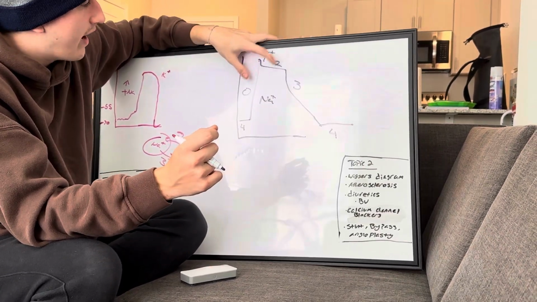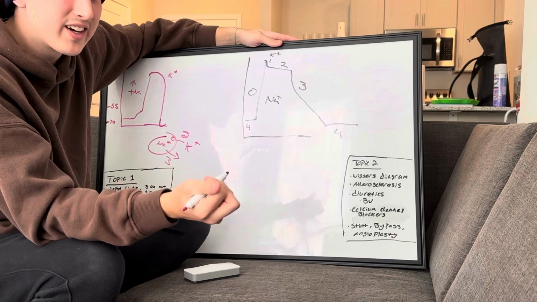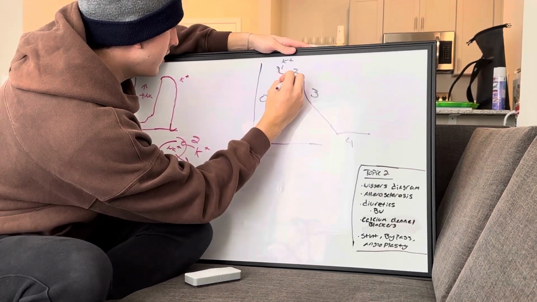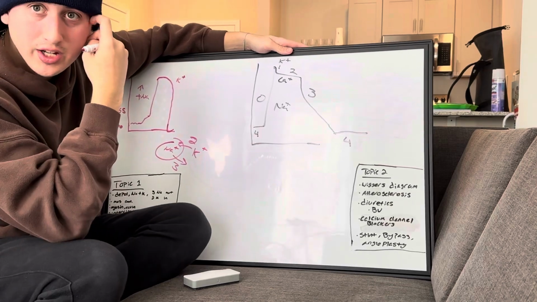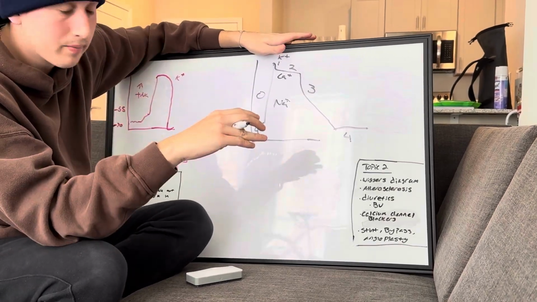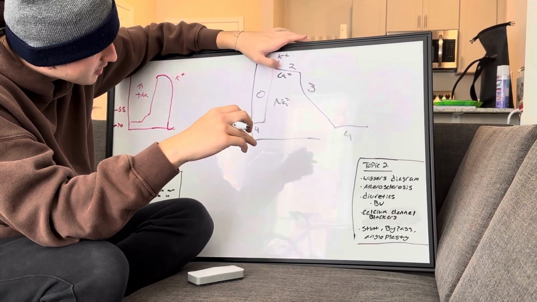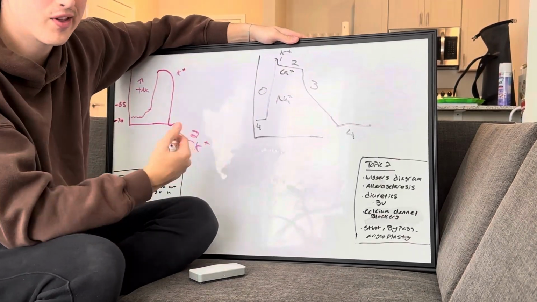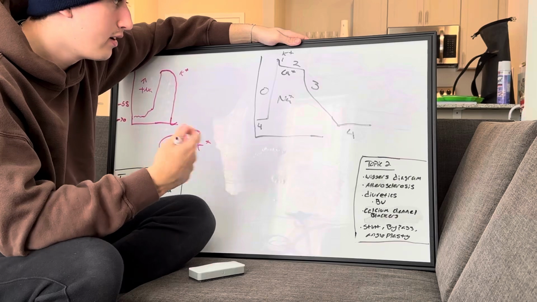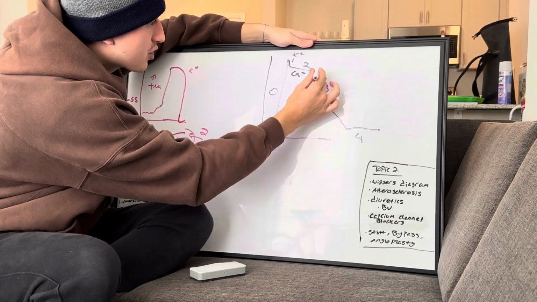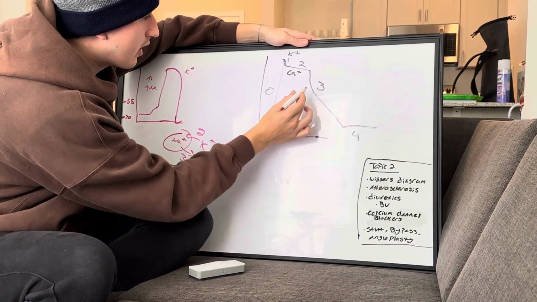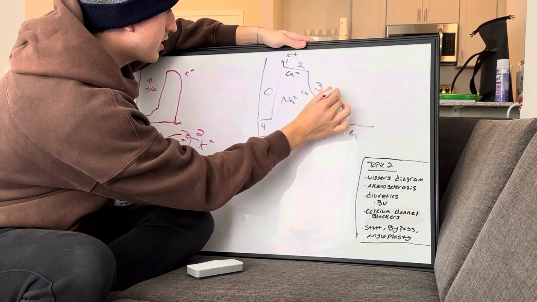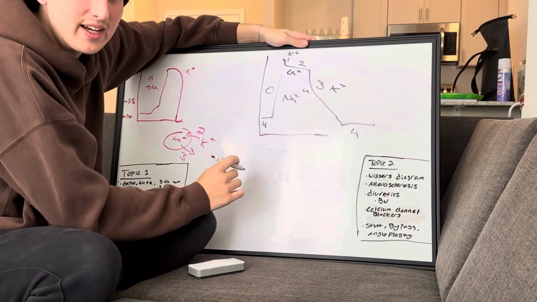Now, at phase 2, that's where calcium comes into play. Calcium is going to rush into the cell slowly. So potassium's going out, but calcium's coming back in. That's why this kind of plateaus, because you have positive going both out and in. At phase 3, calcium channels slow and potassium channels exceed it.